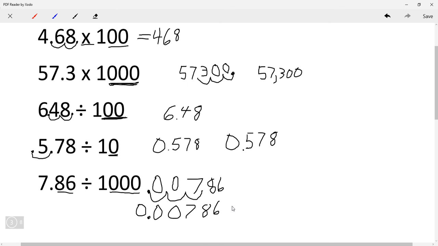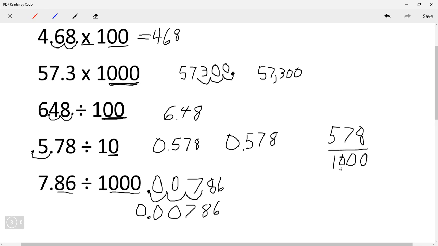Okay? And each of these decimals can be written as fractions. So 578 thousandths is said exactly the same as 578 over 1,000.